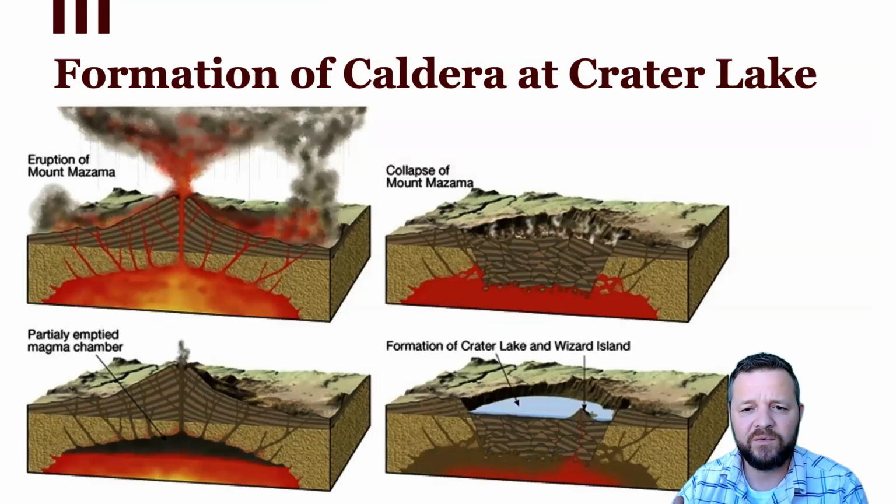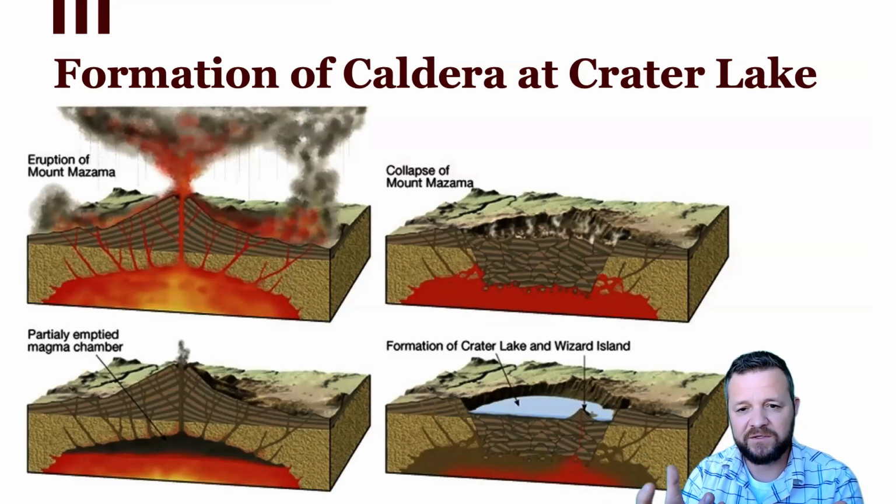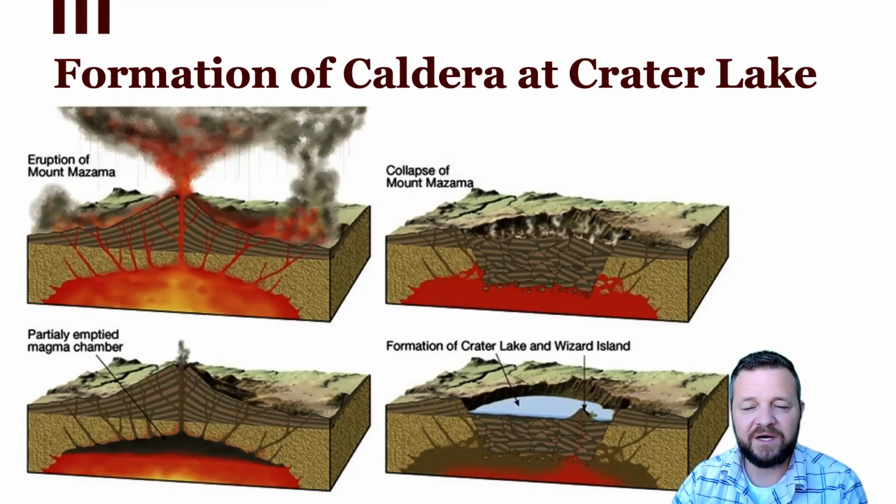Mount Mazama erupts with such violent activity that in the bottom image, on the left-hand side of your screen, the chamber itself is emptied. Well, it's holding up a mountain, so that empty space can't exist. And as it's erupting all of this volcanic material, the mountain collapses down into the void space, and you end up with a gigantic volcanic crater, which can then squeeze out a last little bit of magma material to form the dome like Wizard Island.